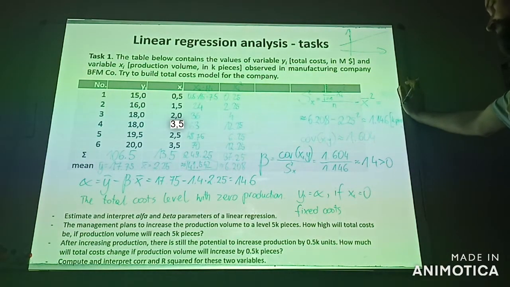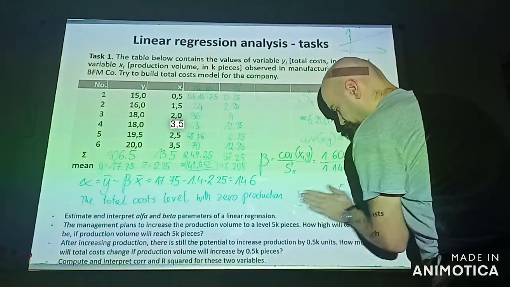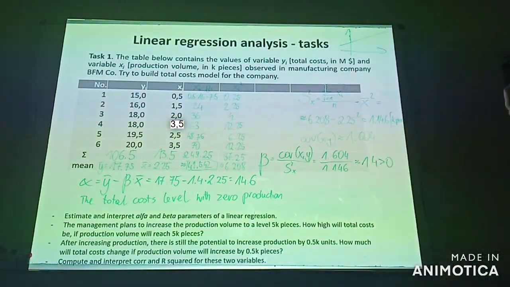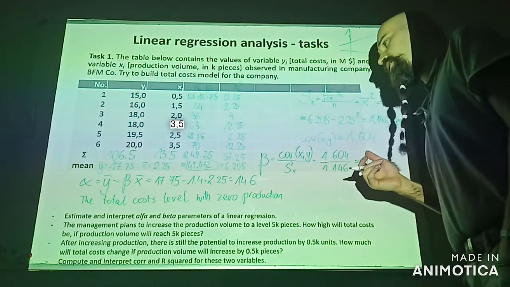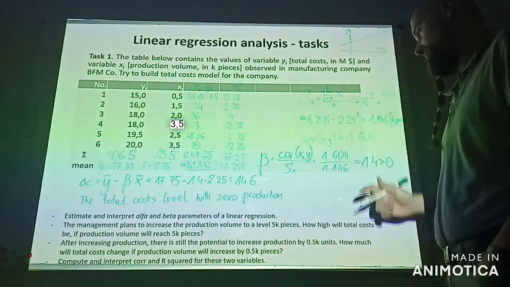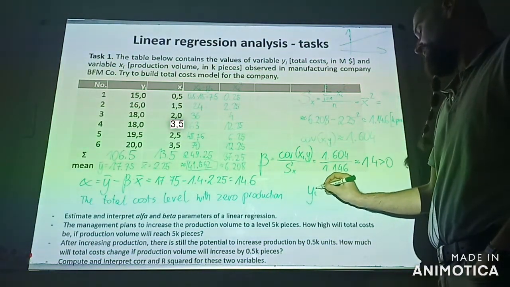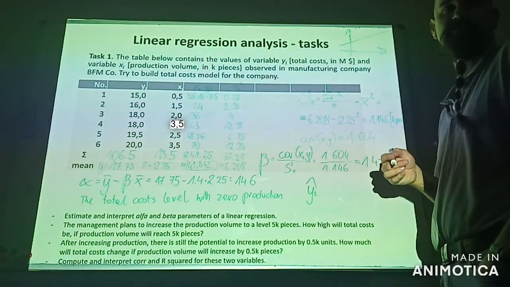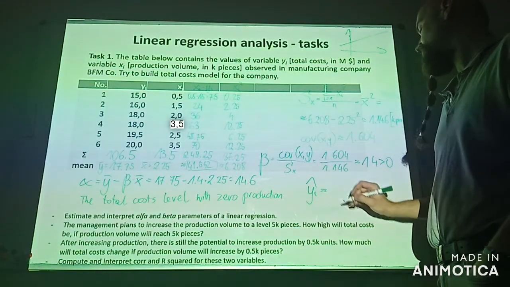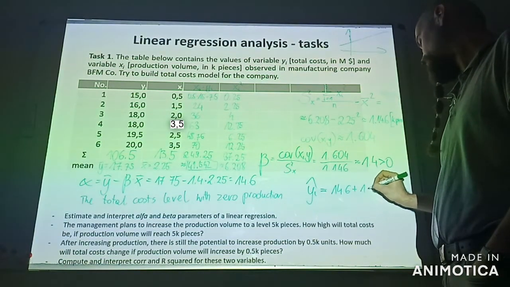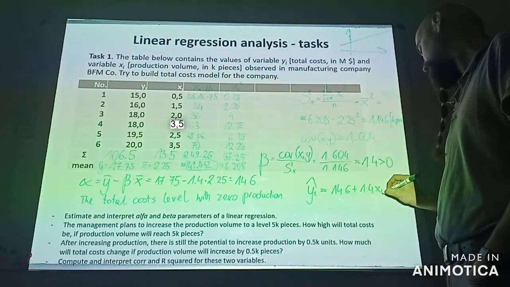Okay. All right. And finally, we can write the linear relationship that characterizes volume of production and total costs by the formula yi with a roof, because we have estimated the parameters, now they are known, equal to 14.6 plus 1.4 xi.